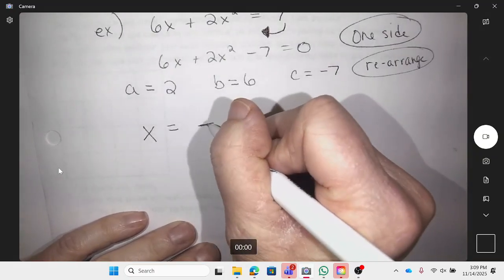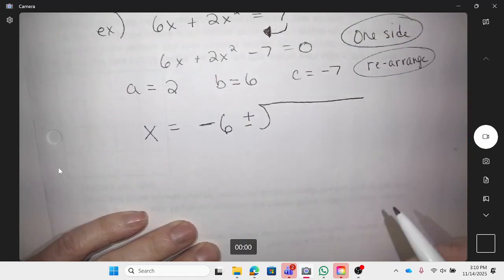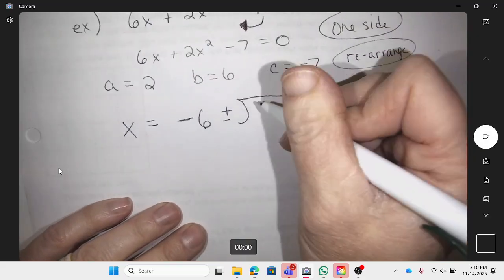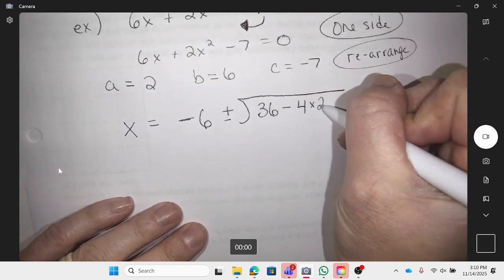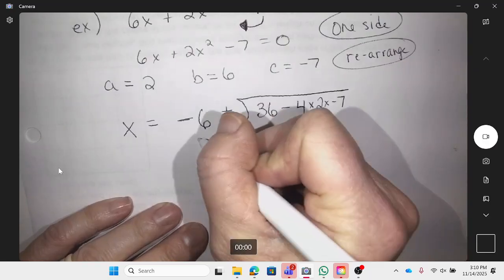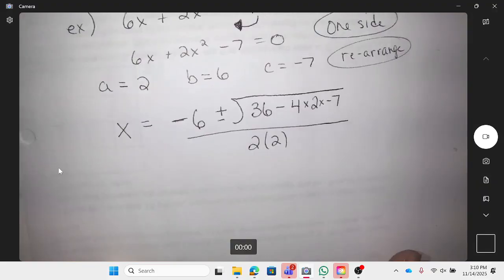So x equals negative b plus or minus square root of 36 subtract 4 times 2 times negative 7, over 2 times 2.